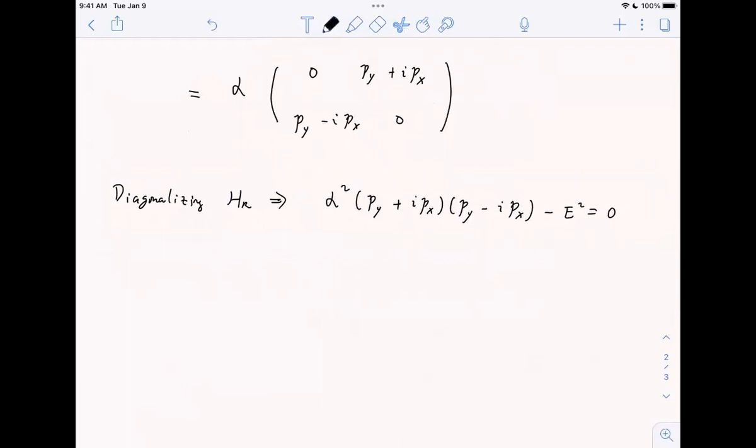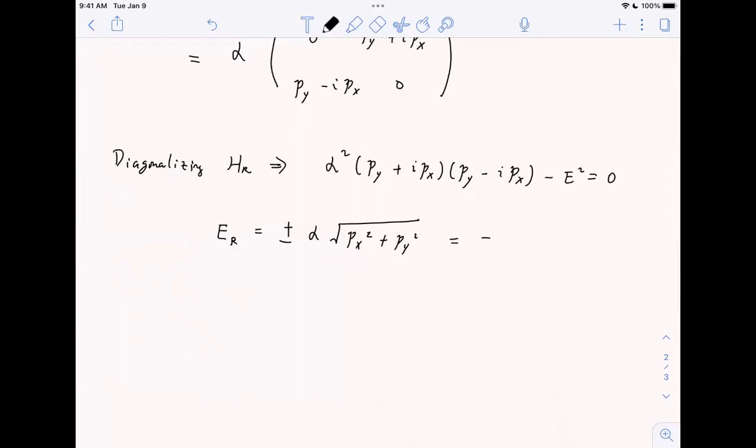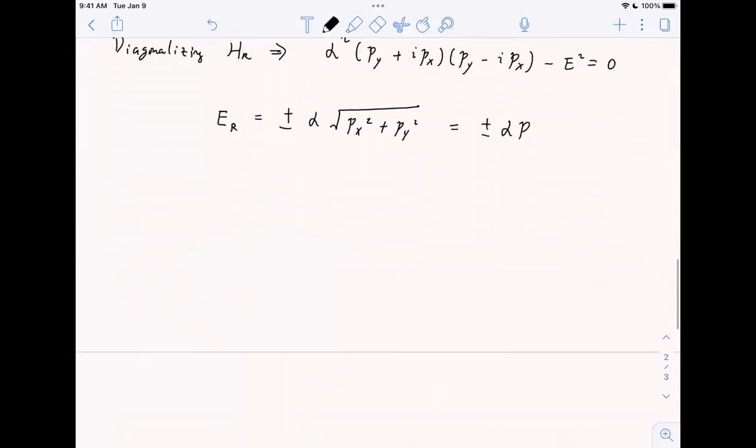And then the E, you use Rashba, then the Rashba energy will be plus and minus this. This one will be alpha and Px Py squared. You solve it, then it will be plus and minus alpha P. Okay. So if you plot it out, then you get a cone.